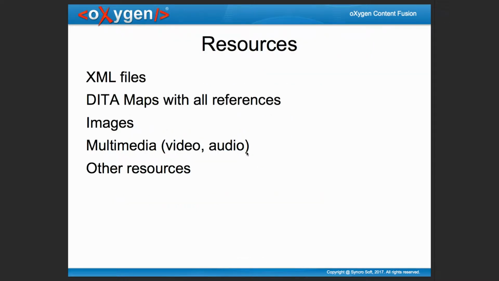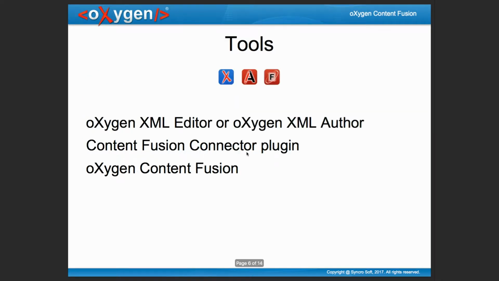So as resources, you have XML files, data maps, images, video content, CSS files, maybe other resources. In terms of tools, you have the Oxygen XML editor or XML author, right now on the desktop, because we have this Content Fusion connector plugin, that's for the desktop version of Oxygen.